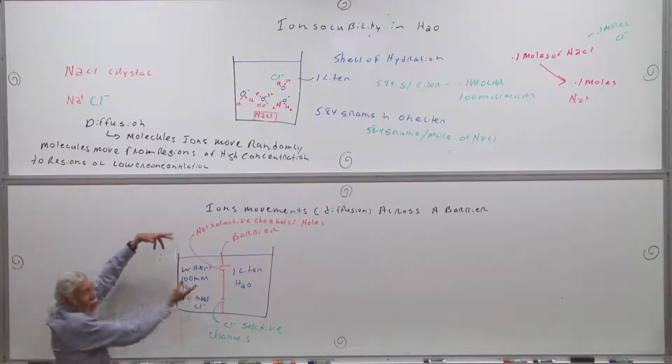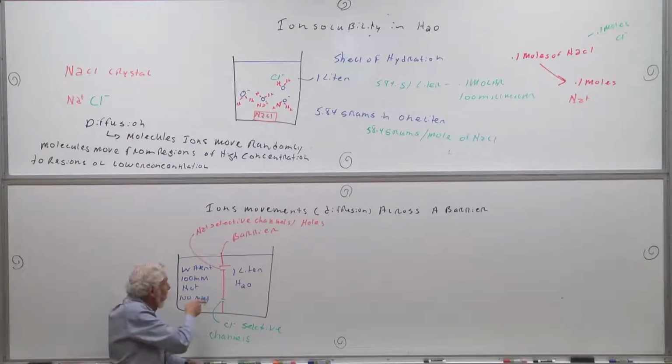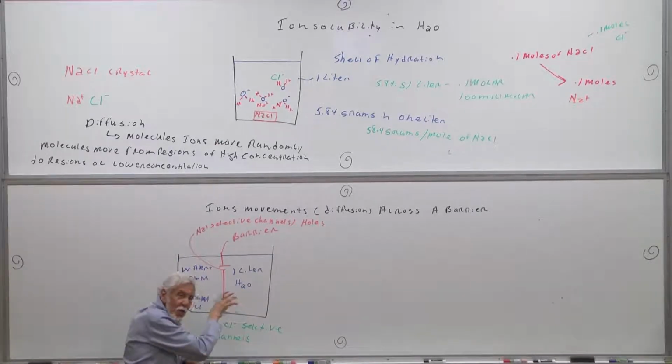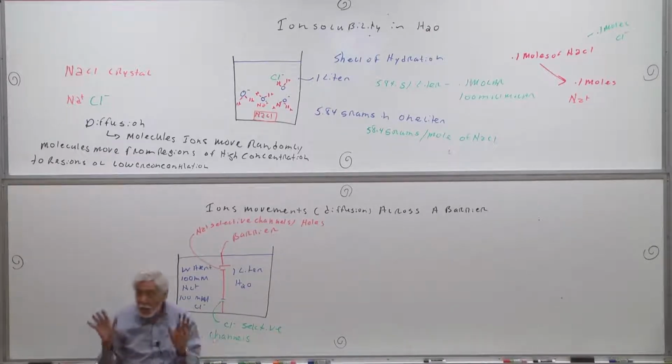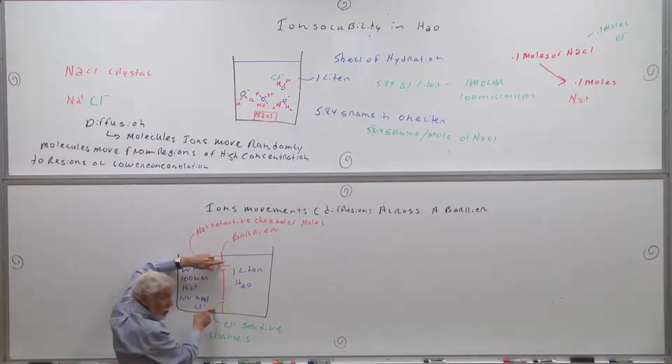Now, if you only have 1 or 2 sodium holes, 1 or 2 chloride holes, it's going to take forever for one of these ions to find that tiny hole and find its way through. If given an infinite amount of time, they'll find the hole and move through. But let's make this a little easier. Let's put thousands and thousands, maybe even millions of holes in the barrier.